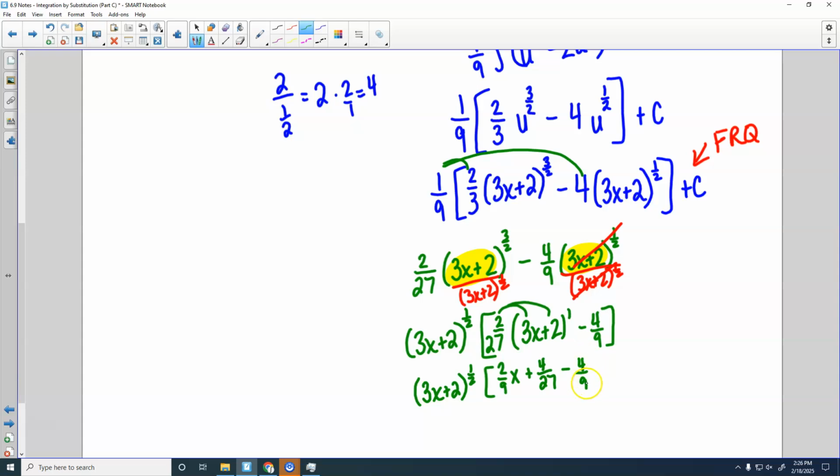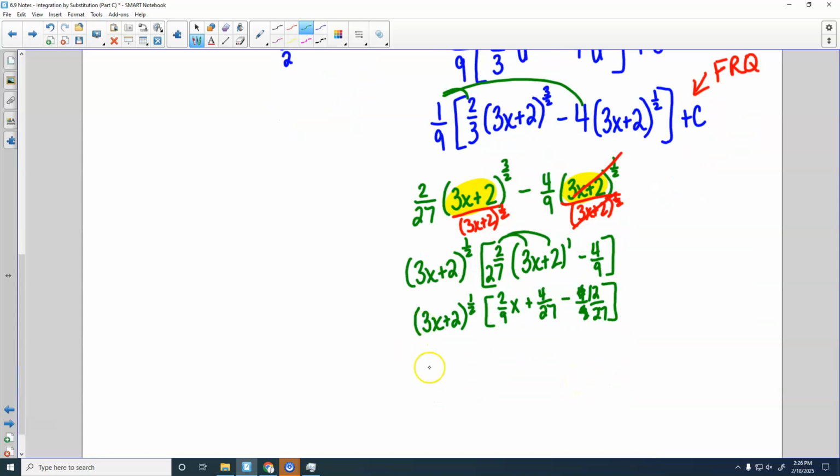And that 4/9, I'm going to go ahead and make it 12/27 so I can combine those right there. So I might even write this as the square root of 3x plus 2, and then we've got 2/9 x minus 8/27 there.